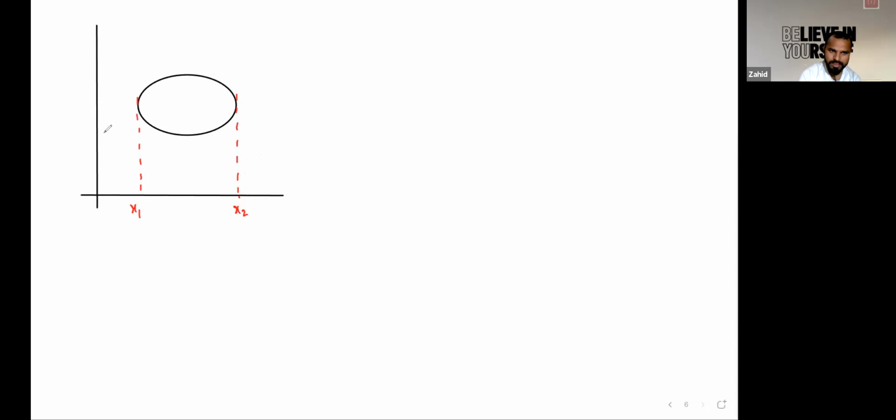Similarly, draw a horizontal line, so it will be termed y1 and y2.